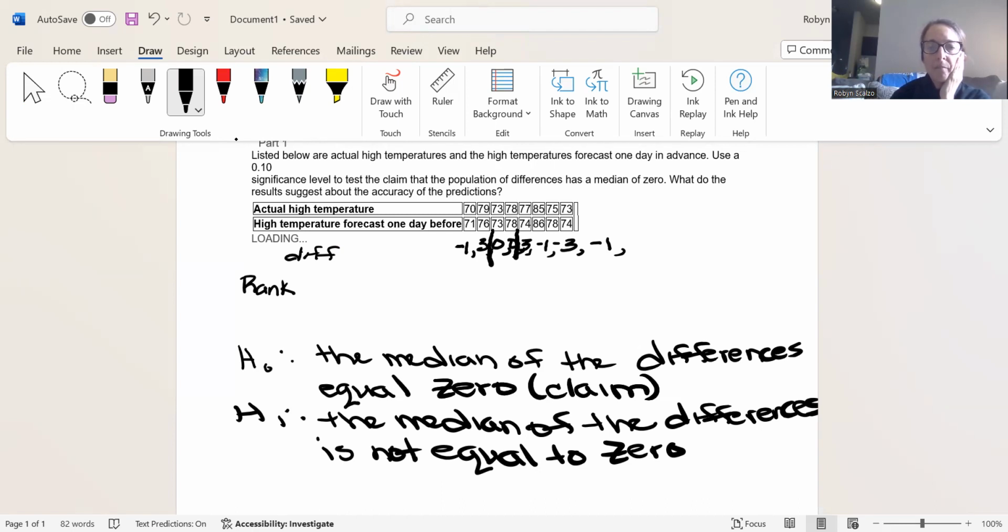So these 3 values are going to take rank 1, rank 2, and rank 3, and I'm going to find the median of these, which is 2. That means everywhere I have a 1 or a -1, I will have a rank of 2.